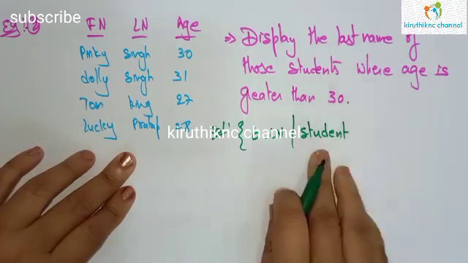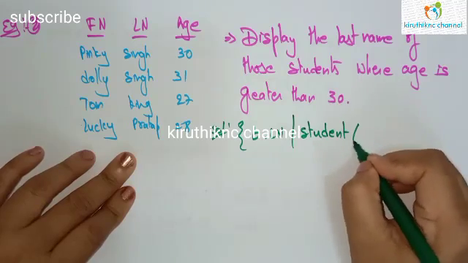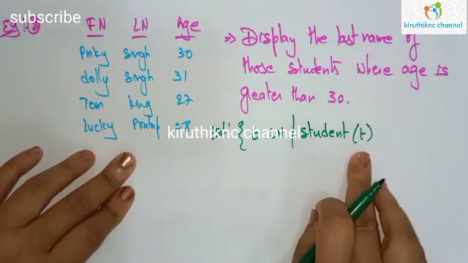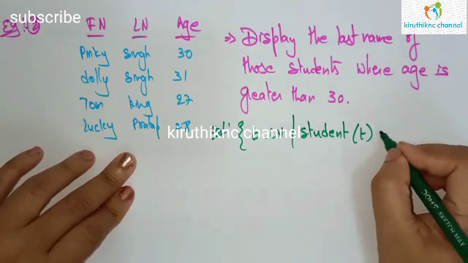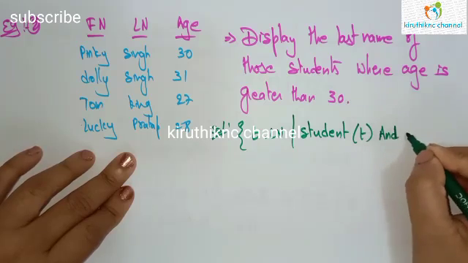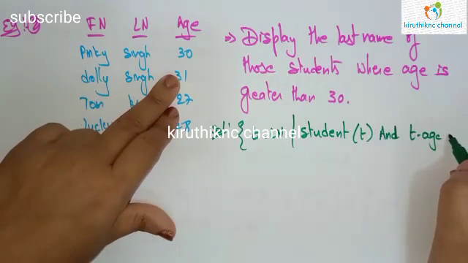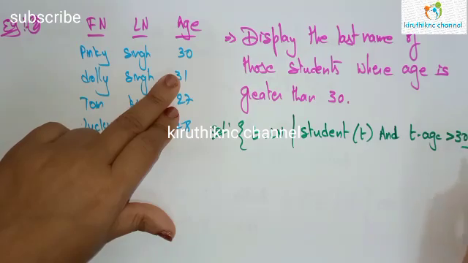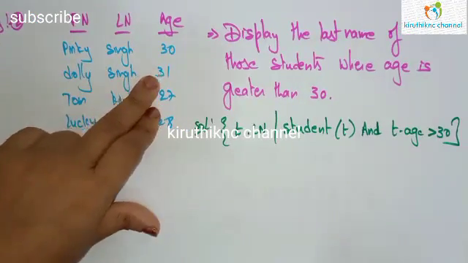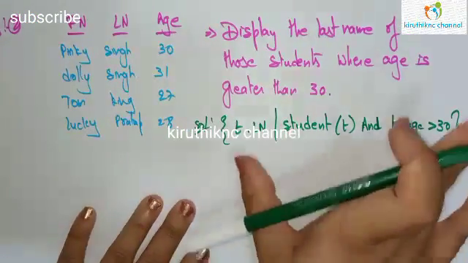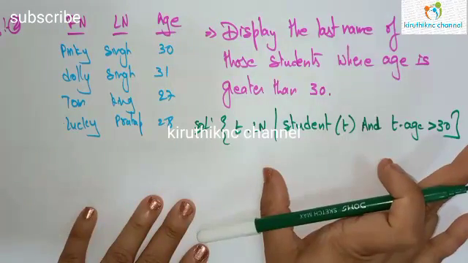Now I am writing the condition: T is a student, a particular row, and T.age should be greater than 30. So this is how the tuple relational calculus represents this statement in the non-procedural language.